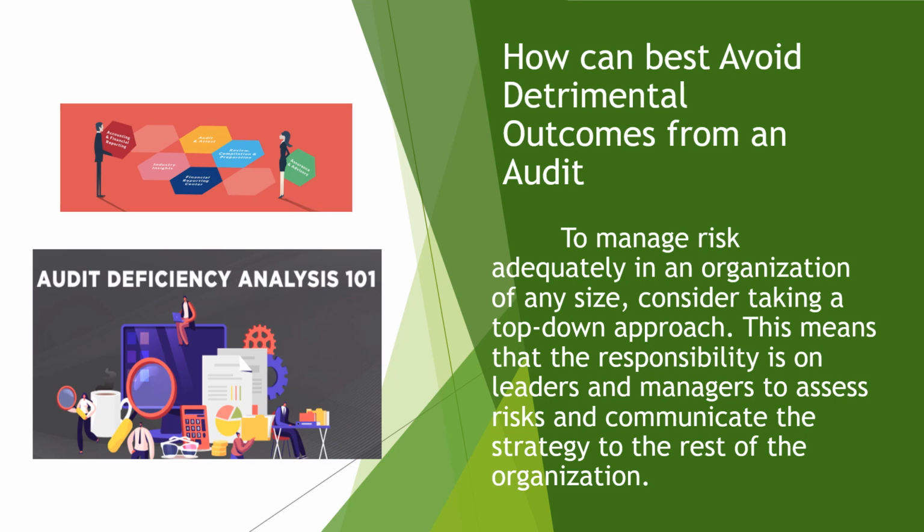Now, how can we best avoid detrimental outcomes from an audit? To manage risk adequately in an organization of any size, consider taking a top-down approach. This means that the responsibility is on leaders and managers to assess risk and communicate the strategy to the rest of the organization.